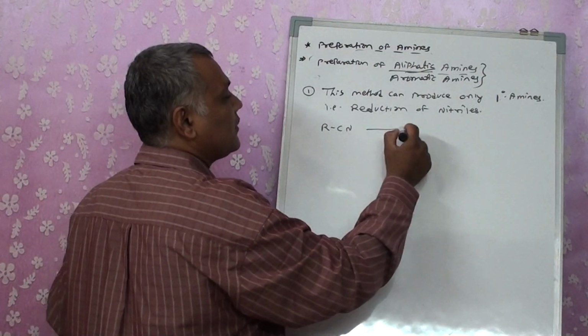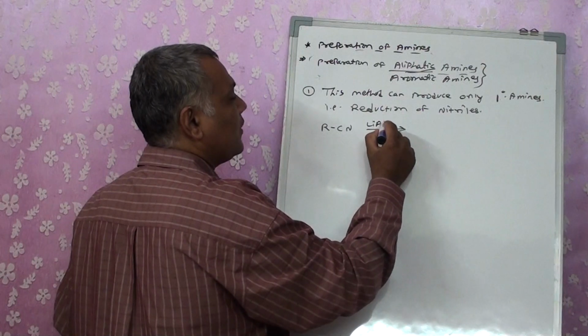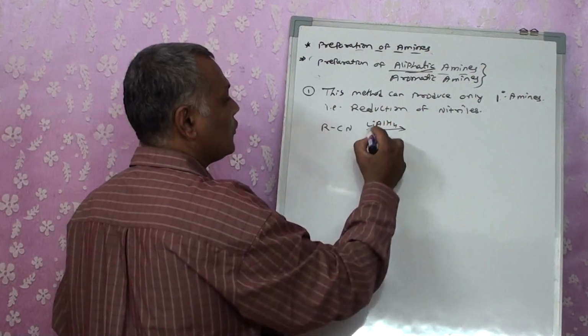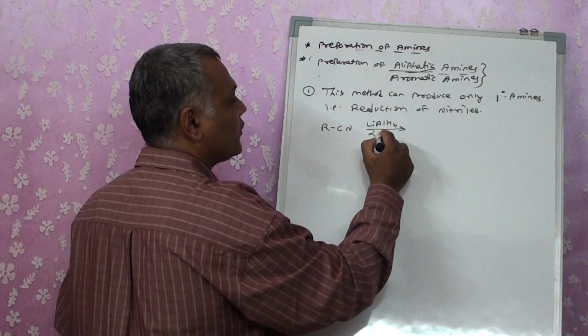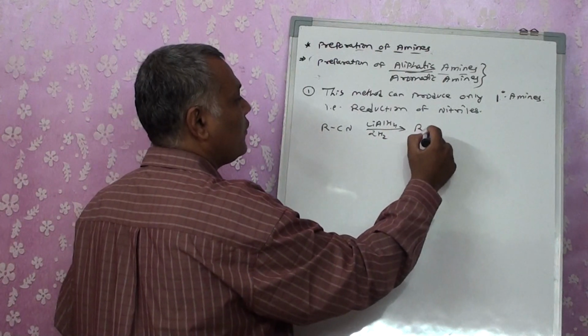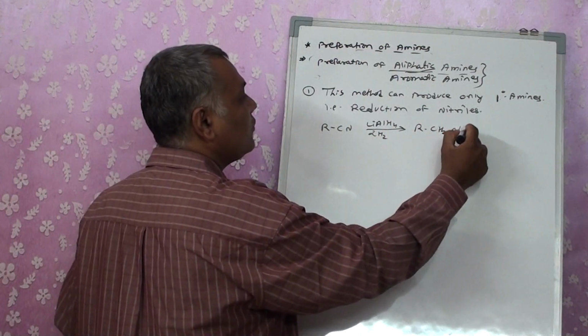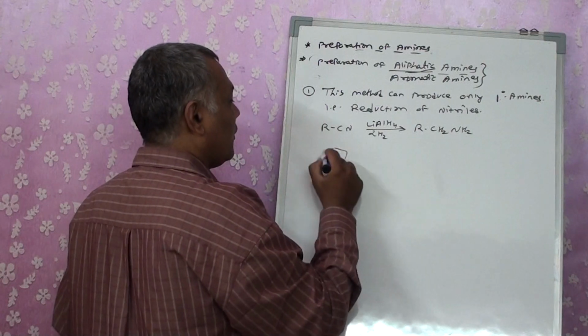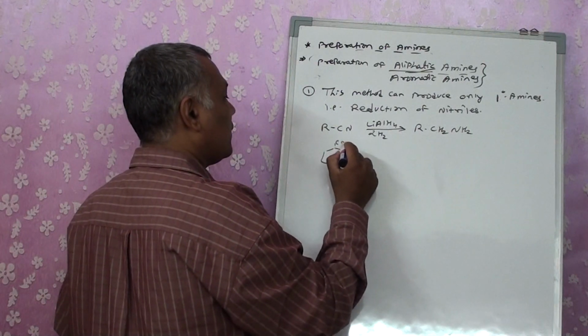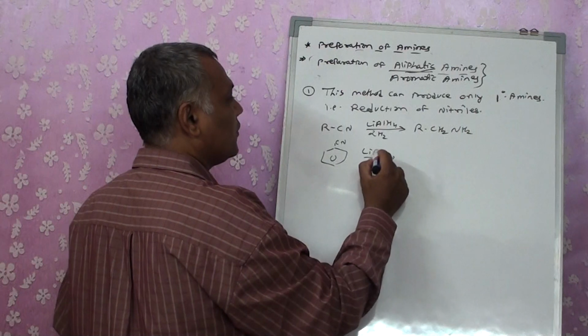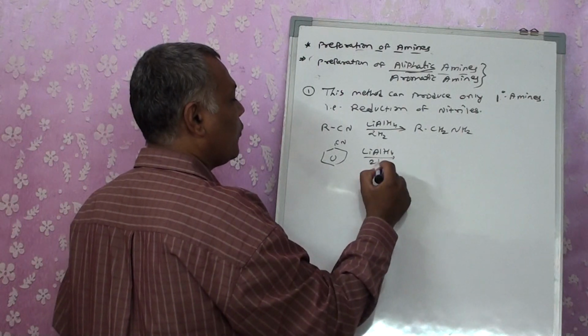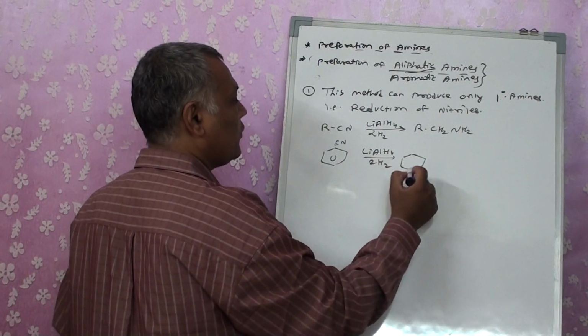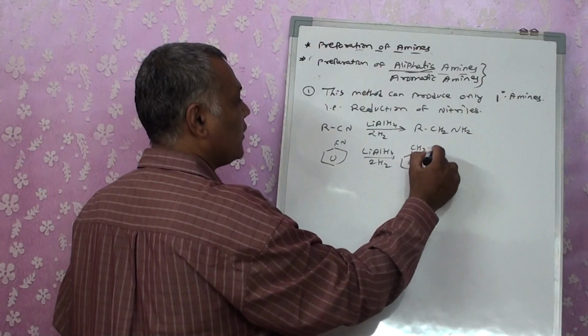RCN is reacted with LiAlH4, a strong reducing agent, so it is reduced and converted into RCH2NH2. If I have an aromatic one also, then also the compound gets converted into primary amines.